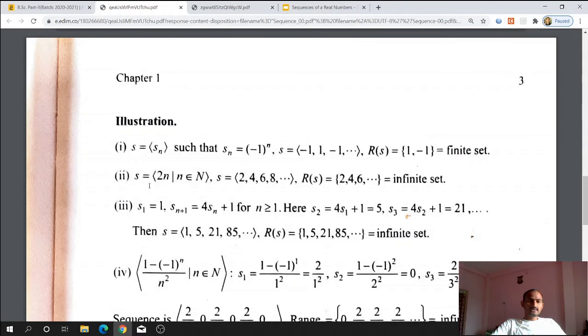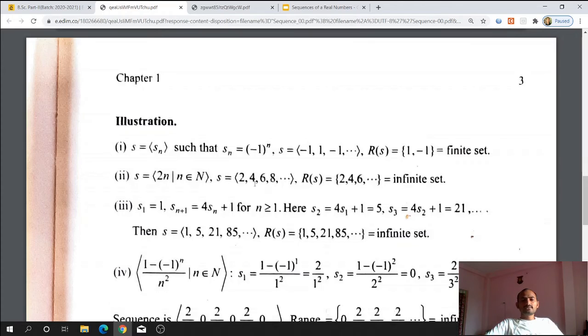S is equal to 2n, where n belongs to the set of natural numbers. So this is a sequence of even numbers: 2, 4, 6, 8, and so on. What is the range set for this S?